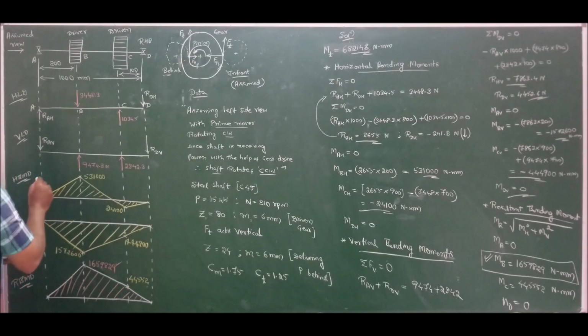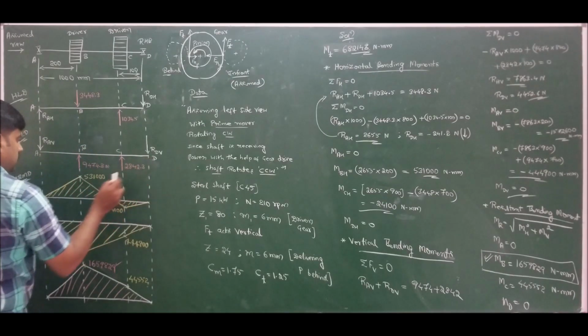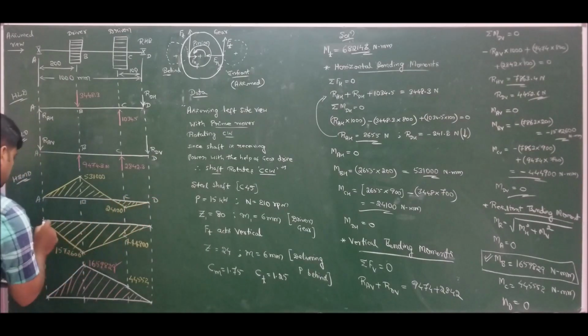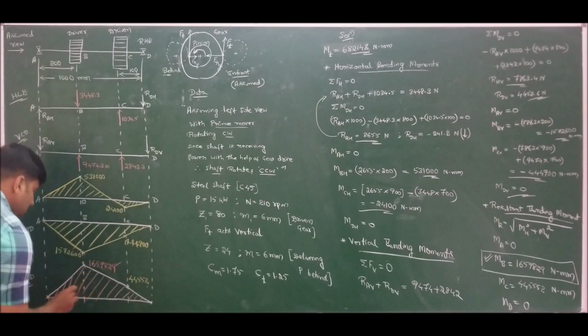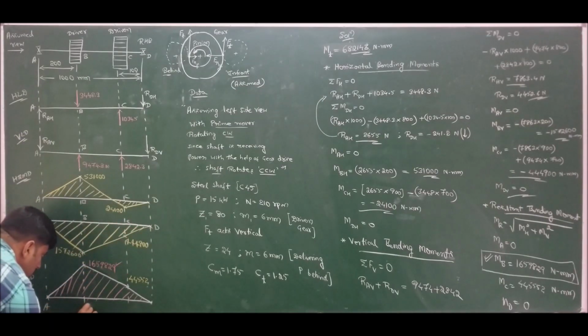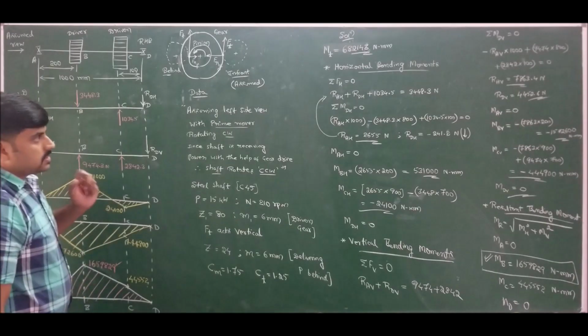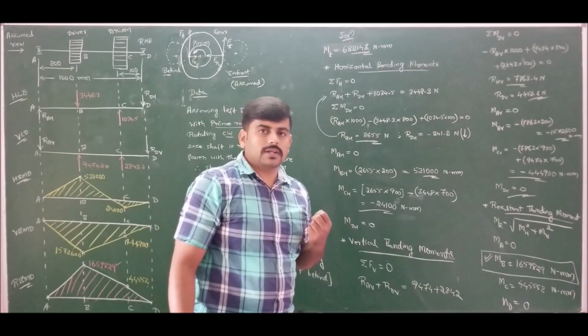So marking of the points, we have A, B, C, D, A, B, C, D, A, B, C, D, and finally A, B. So let me pause this video for a while so that you people can copy it down. Later we'll solve for diameter.